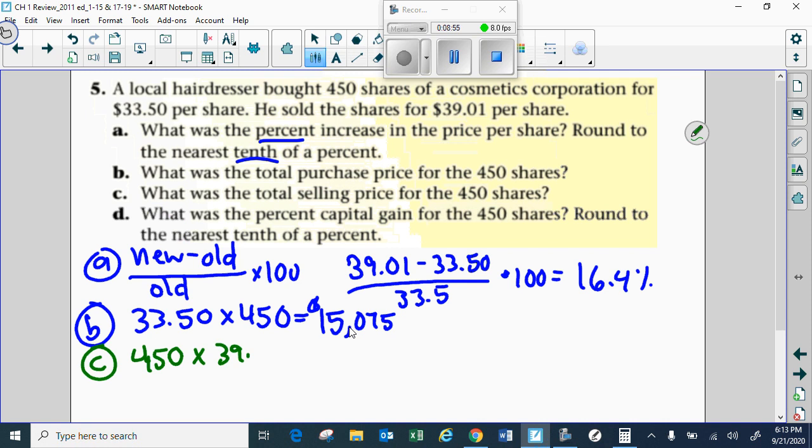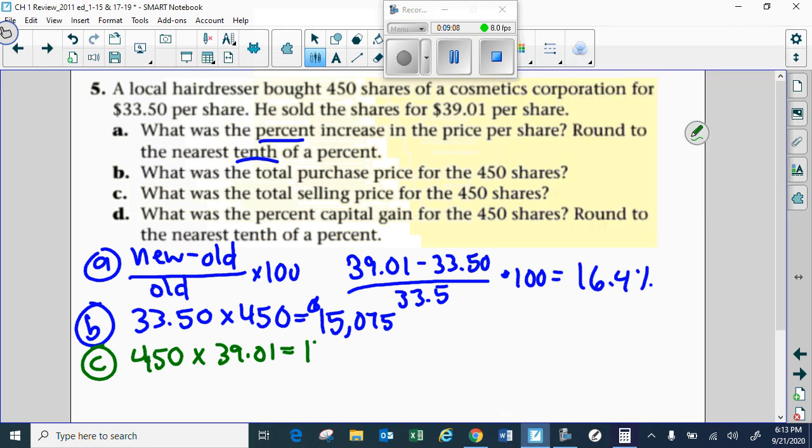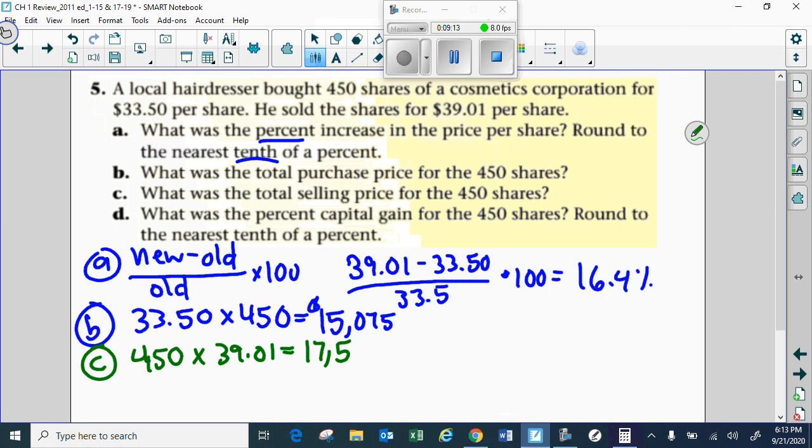So 39.01, and just put that in the calculator. 39.01 times 450 equals $17,554.50. Okay. D, what was the percent capital gain for the 450 shares?